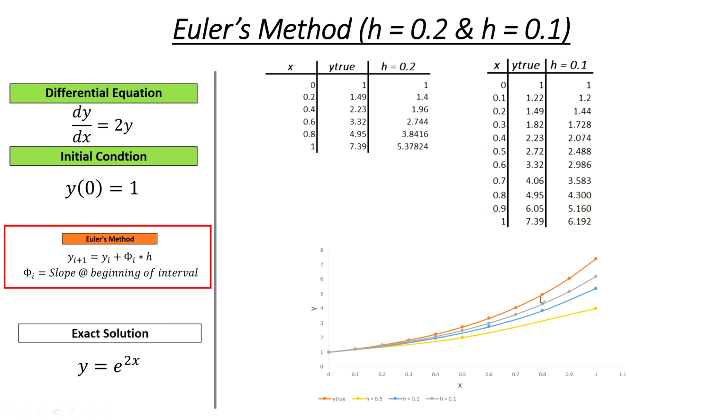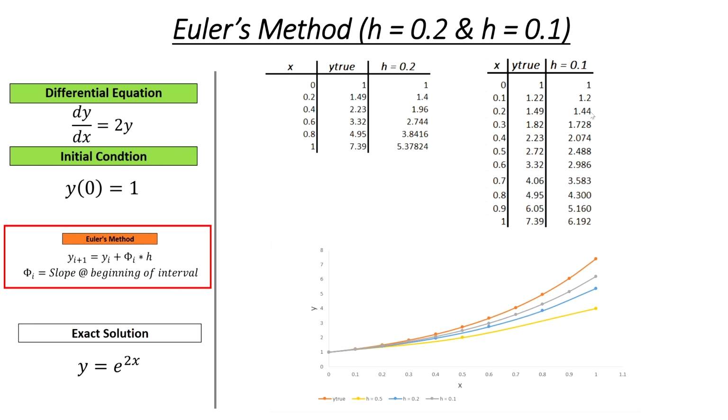If we look at 0.2, when I'm using a step size of 0.1, it estimated 1.44. Here it estimated 1.4, so 1.44 is closer to the true value of 1.49. So reducing the step size to 0.1 made the solution more accurate at 0.2.